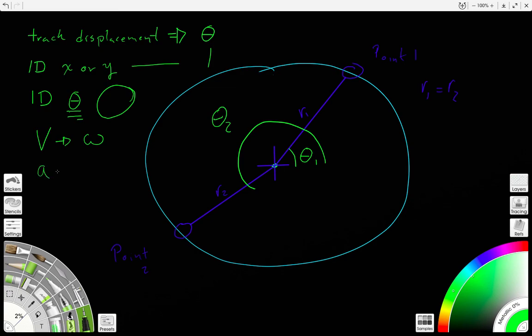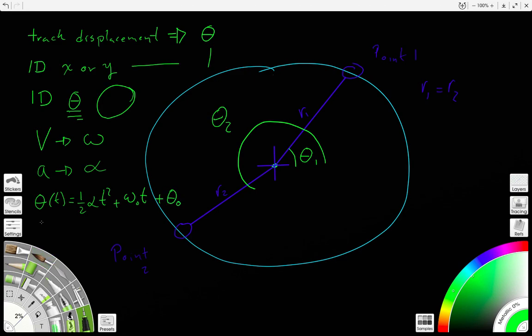And instead of acceleration, we are going to have something called angular acceleration. And as we'll see, we'll be using the exact same formulas that we used before, but now we are taking into consideration angular quantities.